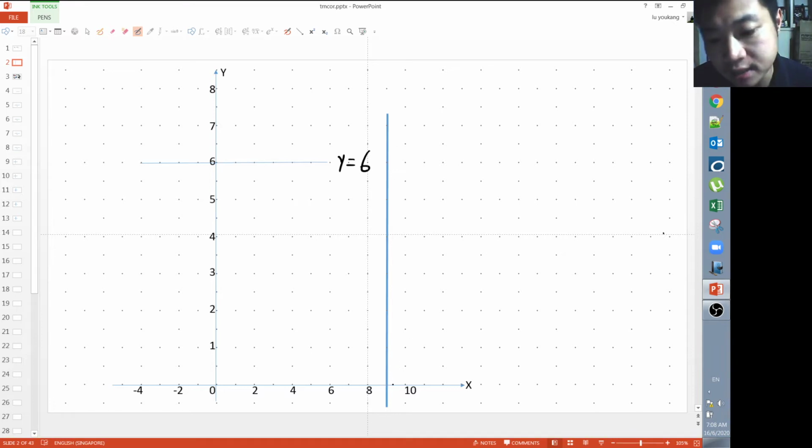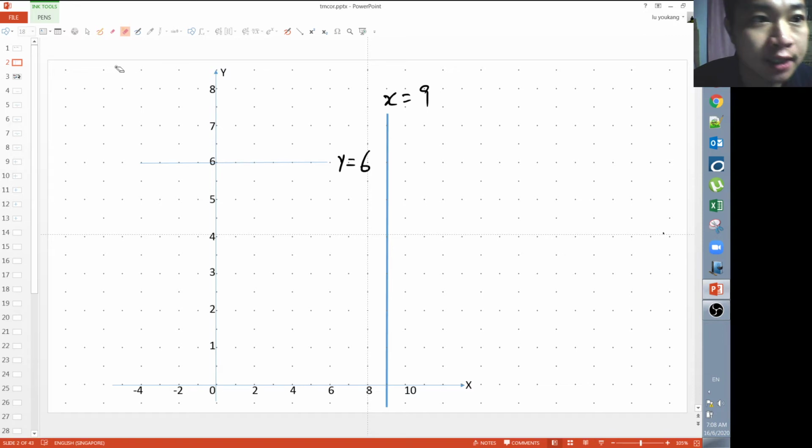No, x is equal to 9, I'm sorry. So the equation of this straight line is x is equal to 9. So regardless of the values of y, it's always x is equal to 9. All right, so we have looked at these two cases.